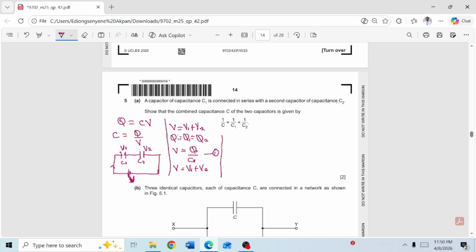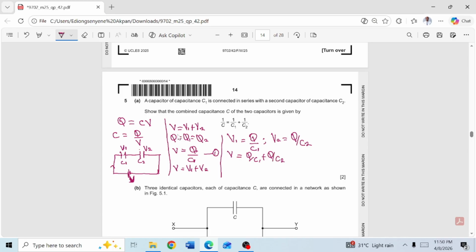It's important for you to know that your V1 will be Q over C1, while your V2 will be Q over C2. This simply means your V will be equal to Q over C1 plus Q over C2.